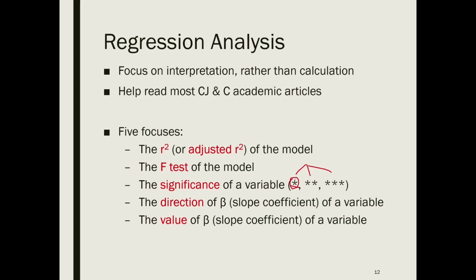One star usually means a 0.05 alpha level, two stars usually mean a 0.01 alpha level, and three stars usually mean a 0.001 alpha level. Okay, and we also discuss the direction of the coefficient of an independent variable, the value of the coefficient of that variable.